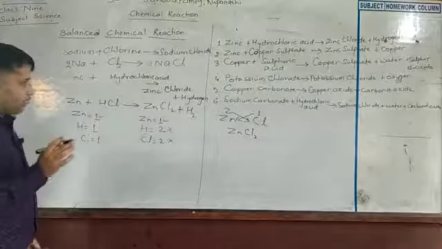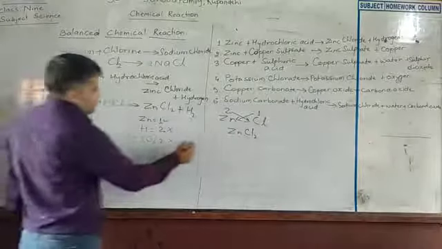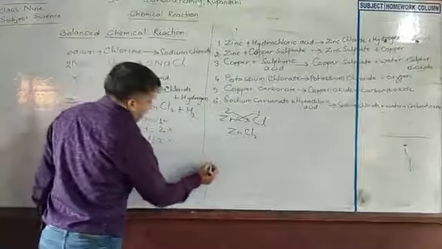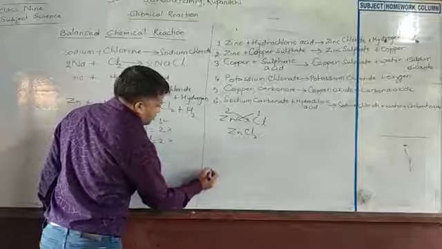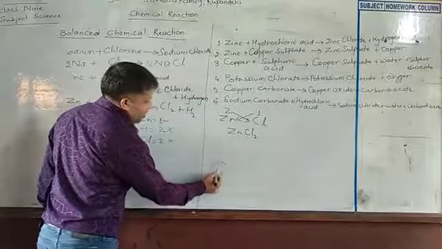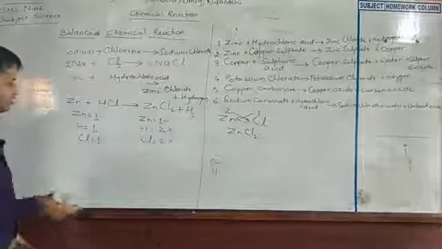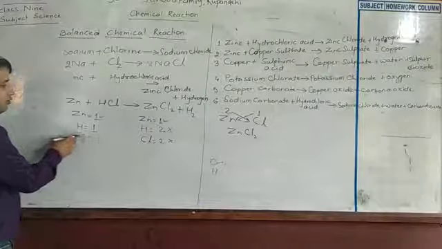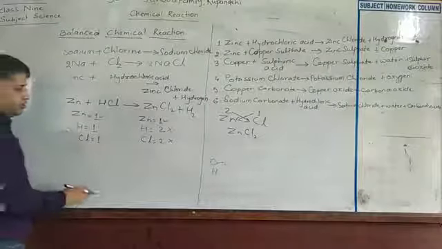Already you have to remember that oxygen and hydrogen will be balanced second last, at last. So in this case, chlorine is balanced first before hydrogen, it will be easier.